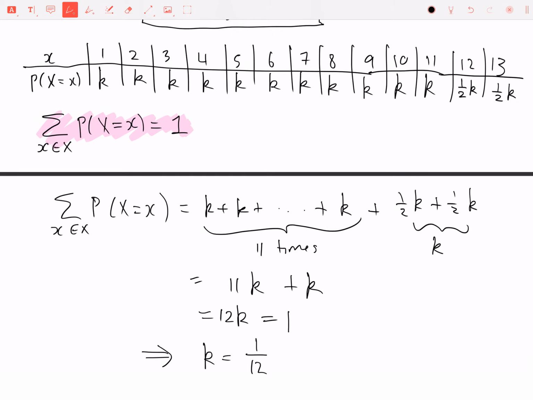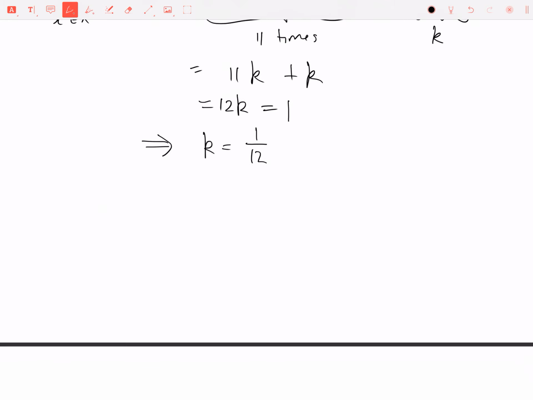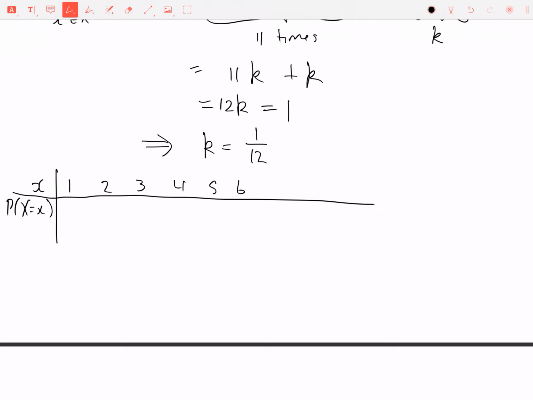Okay, so now we can actually go ahead and write this probability table out nicely. So x, probability that X equals x. Right, so 1, 2, 3, 4, 5, 6, 7, 8, 9, 10, 11, 12, and the bonus.